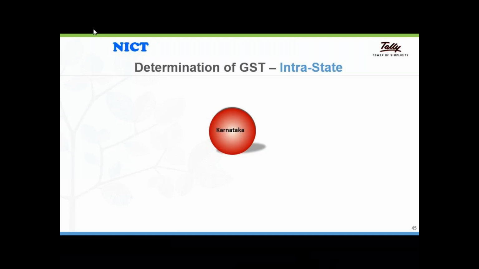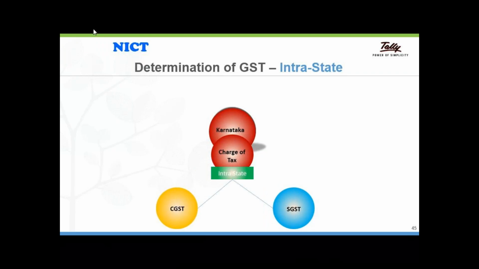They're all intrastate. So what are the tax components for this? For intrastate, it is CGST, SGST 50-50. If the GST rate is 18%, 9% will go to central government account, 9% will go to state government account.